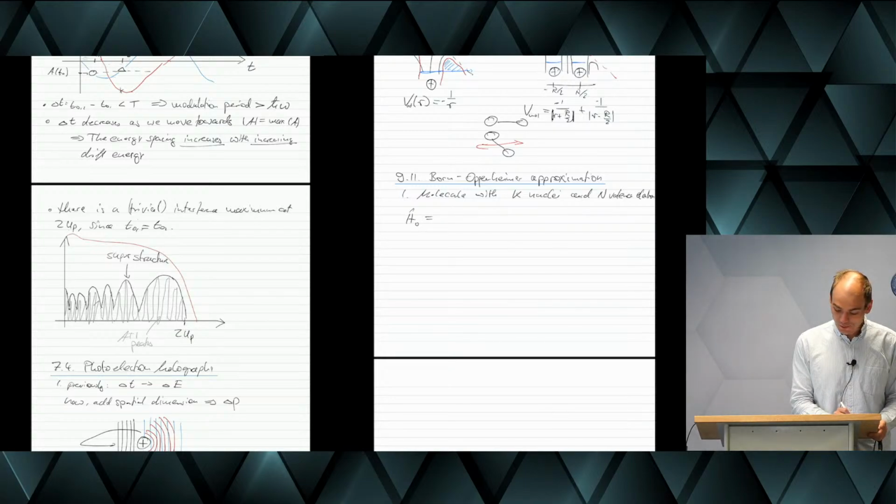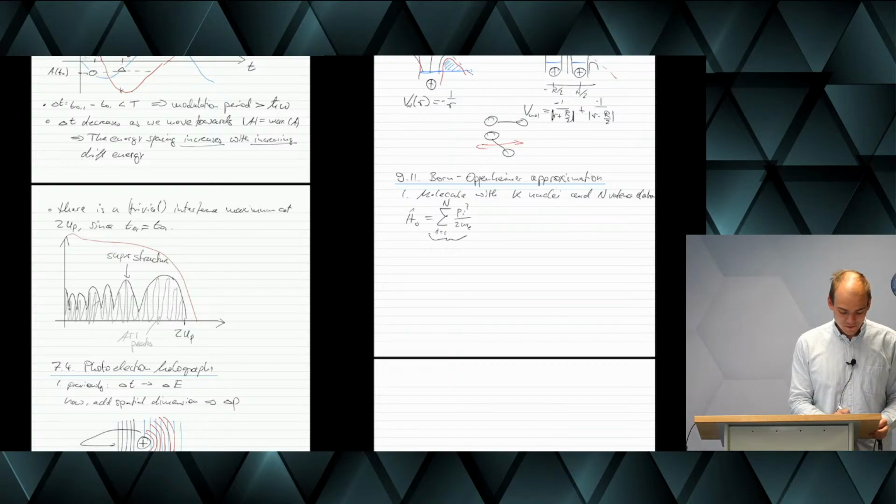So let's begin with the kinetic energy. We have N electrons. So we sum over all the electrons, and each one has a certain momentum, and that relates to this kinetic energy.